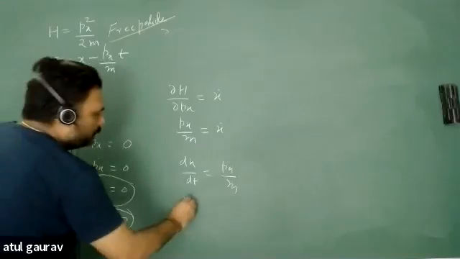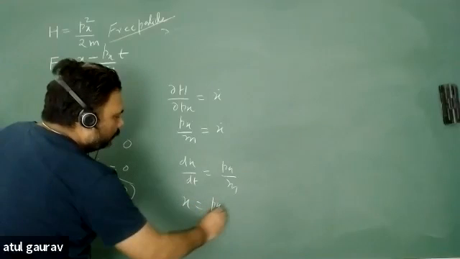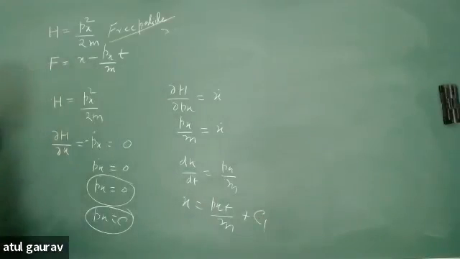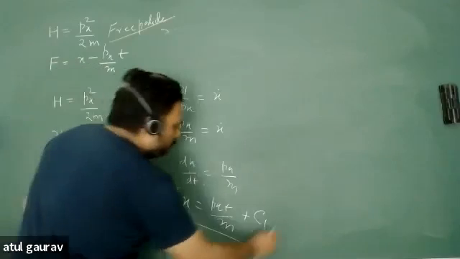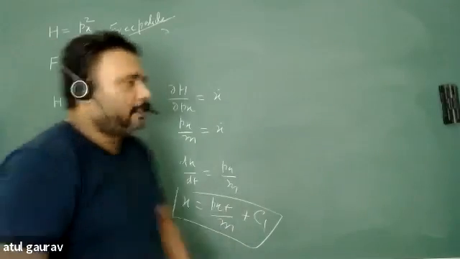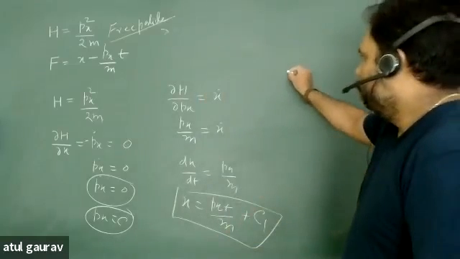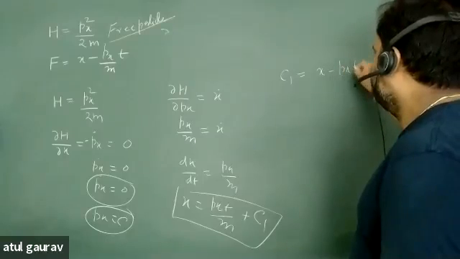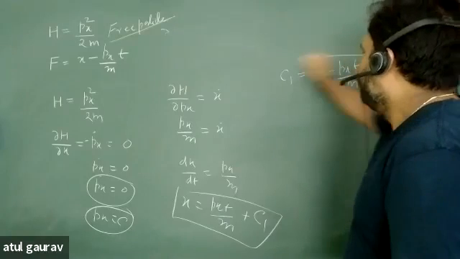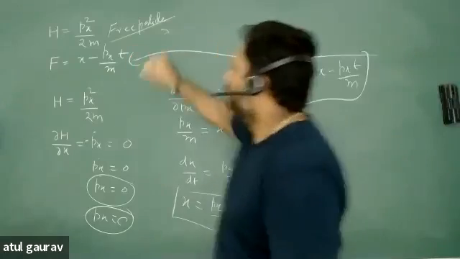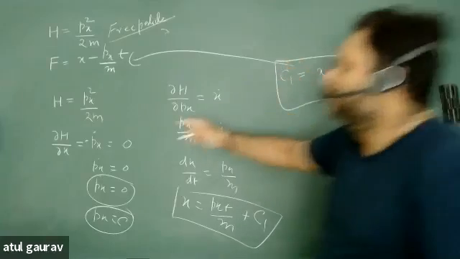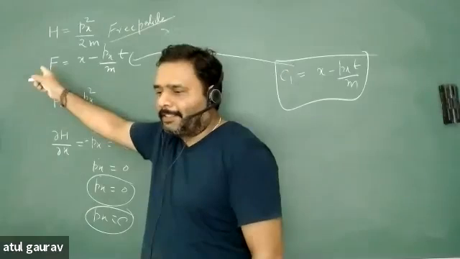So what will x be? x can be written as pxt/m plus some constant, another constant c1. And now you can see this particular c1 is nothing but x minus pxt/m. If you compare these two things, this is nothing but the integration constant.